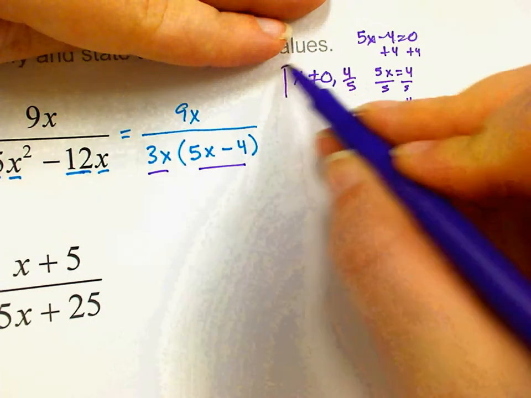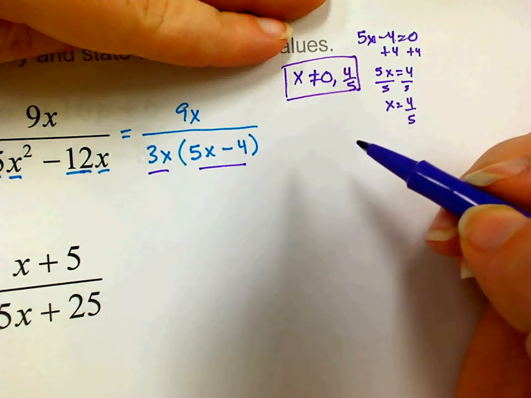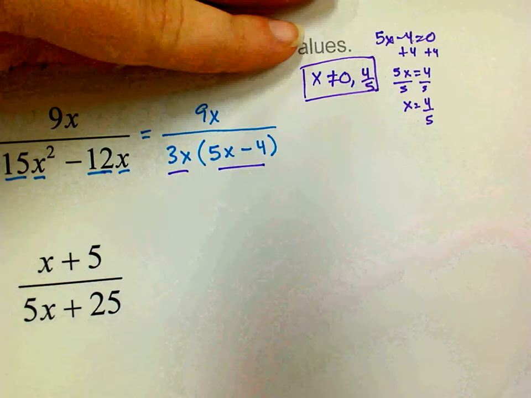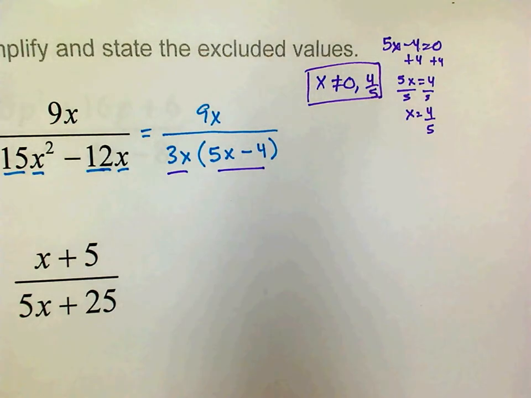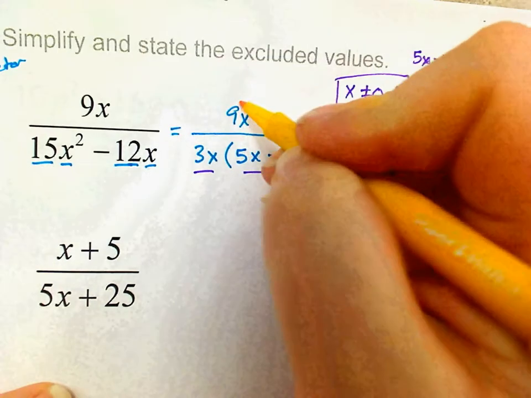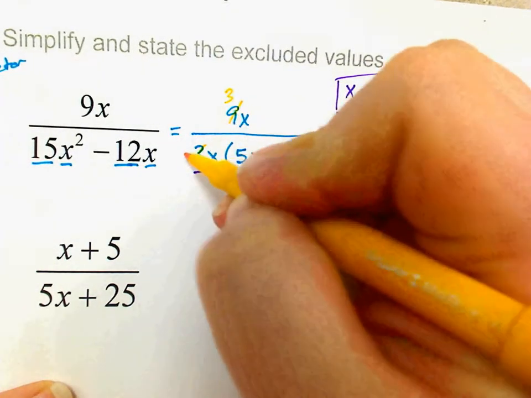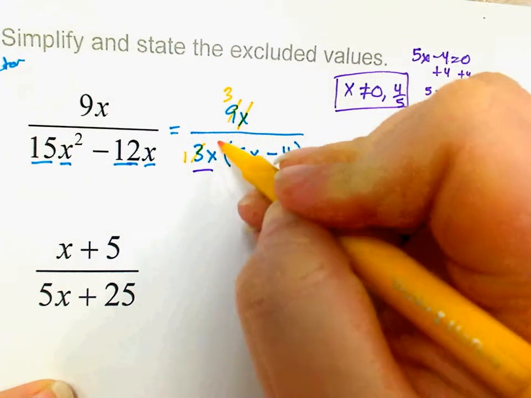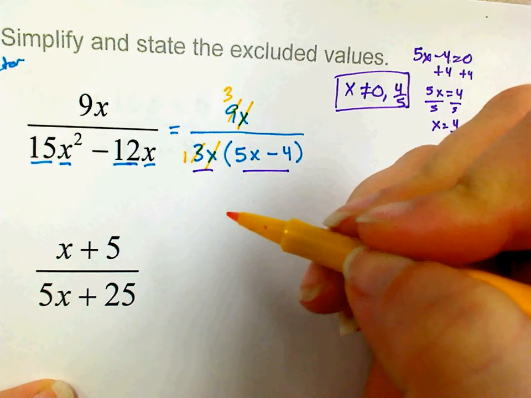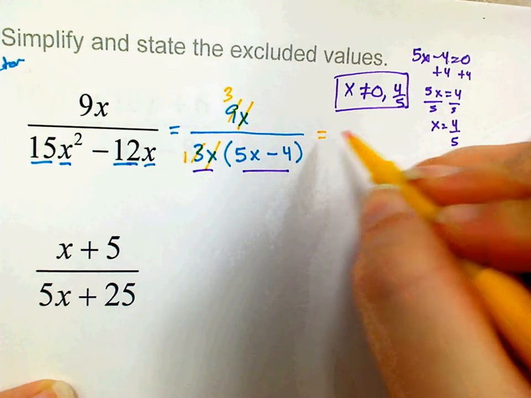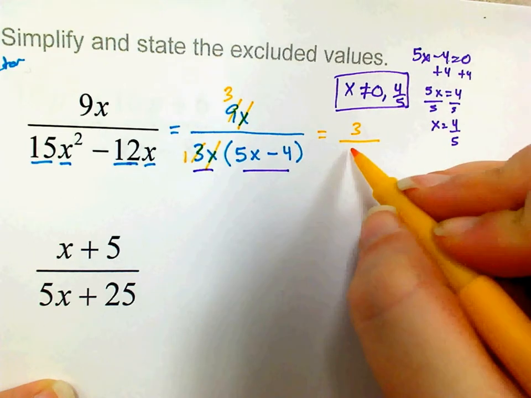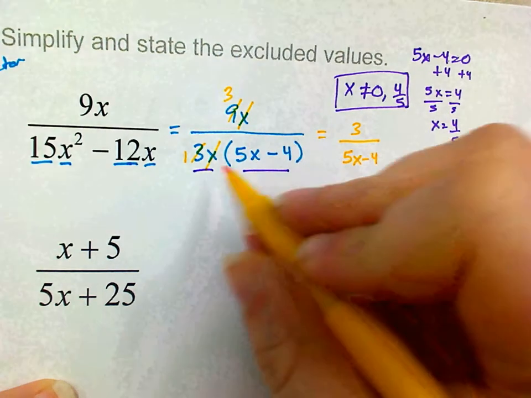So the excluded values are 0 and 4/5. Now, when I actually simplify the expression, 0 is no longer going to be an issue. Because you might notice that, well, 9 divided by 3 is 3 over 1. The x's divide by each other, and x divided by x is just 1. So really, my final answer is 3 over 5x minus 4 times 1, which we don't have to write.